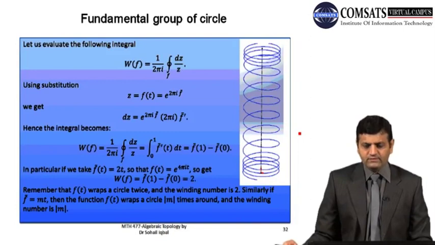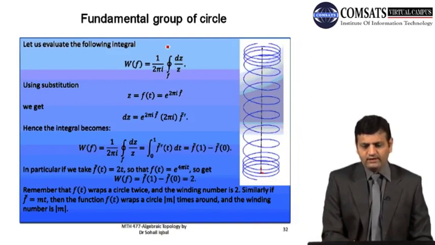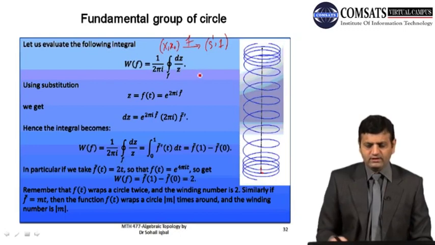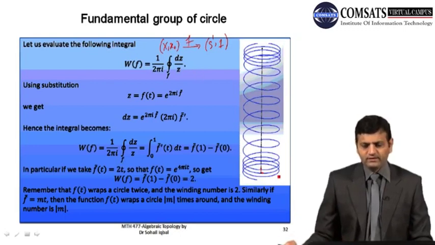So far what we have calculated is, given any continuous function between pointed spaces X, x naught to S1, 1, we can calculate the winding number of this function by getting its unique lifting, and so that winding number is also an integer.